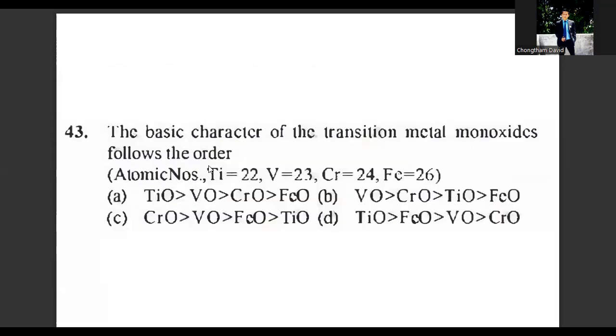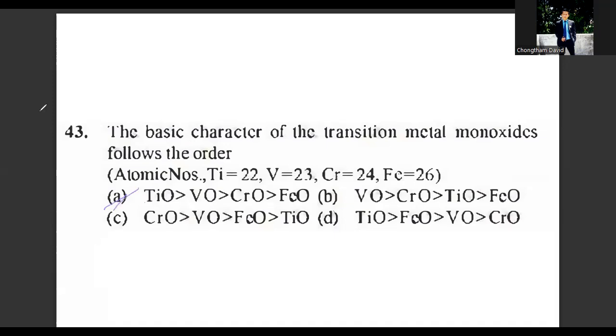Let's read question number 43. The basic character of the transition metal monoxides follows the order. You're given the atomic numbers of titanium, vanadium, chromium, and iron: 22, 23, 24, and 26. Their oxides and their basic character. So the basic character of the transition metal monoxides would be titanium oxide, vanadium oxide, chromium oxide, iron oxide.